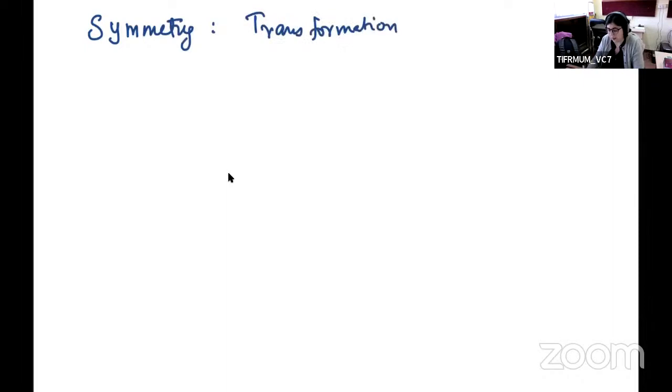All right. So then we introduce the first fundamental idea for the standard model, and that is the idea of a symmetry. Okay? So a symmetry is a transformation that leaves the Lagrangian invariant. Okay?